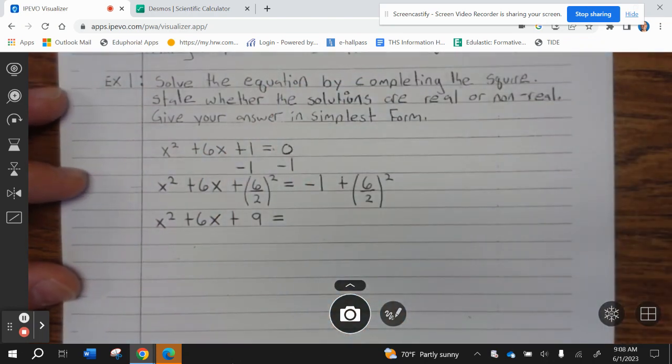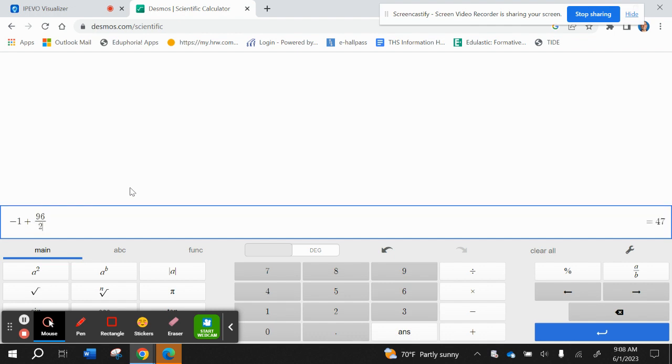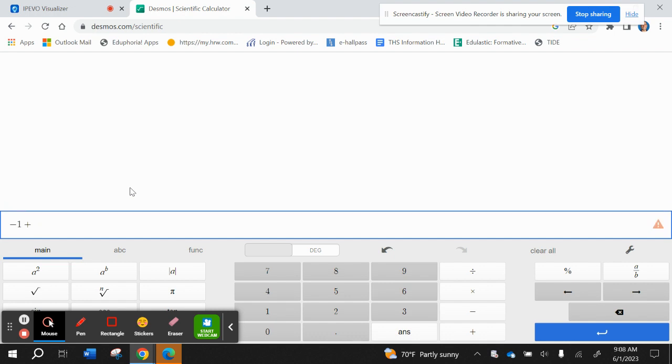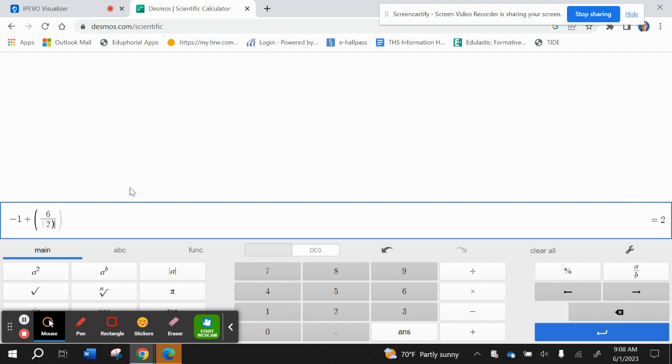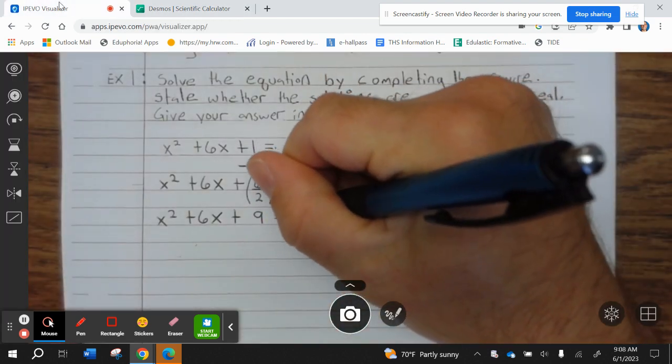Okay. And we can use our calculator here to do negative 1 plus parentheses 6 divided by 2, squared, is 8. Okay, so this equals 8.